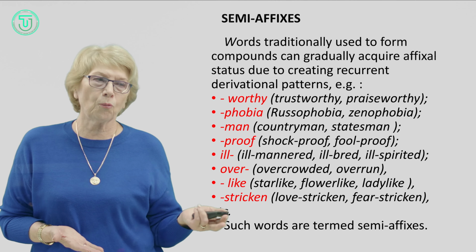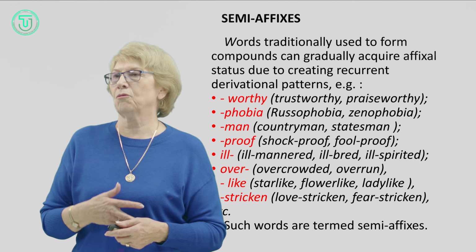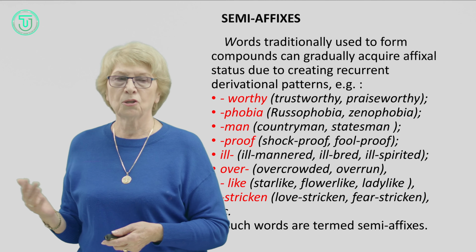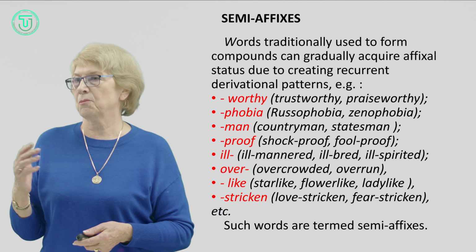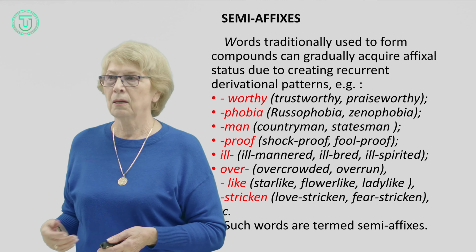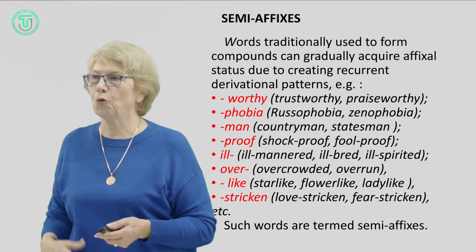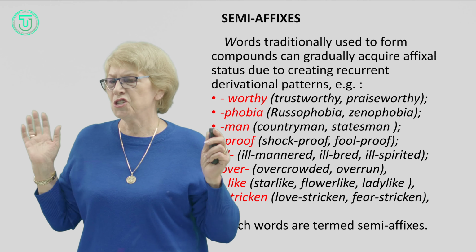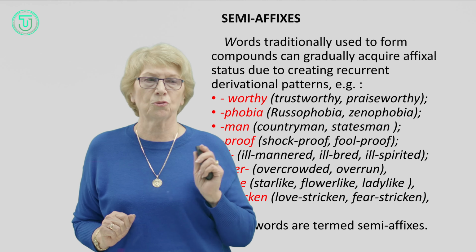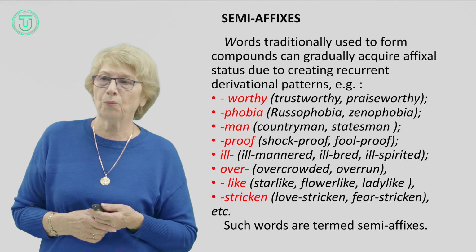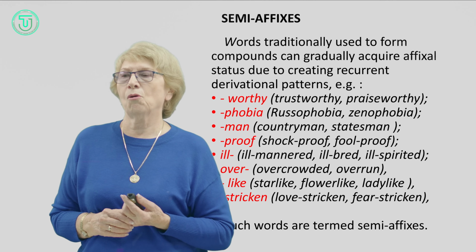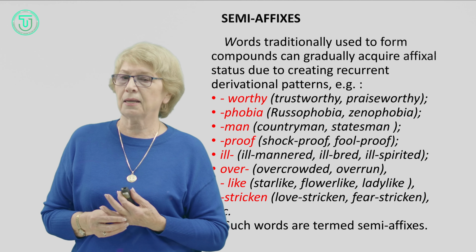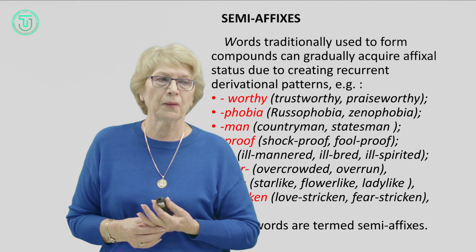So Russophobia means this feeling of hatred or dislike towards Russian people, or it can be whatever, Uzbekophobia or Jewphobia. I mean, you can make a new word just on the spot using phobia. Xenophobia is the fear or dislike or hatred against people of other nations, you know.